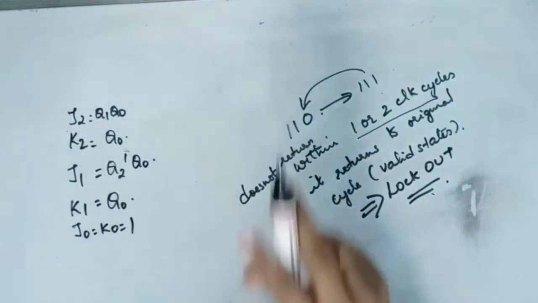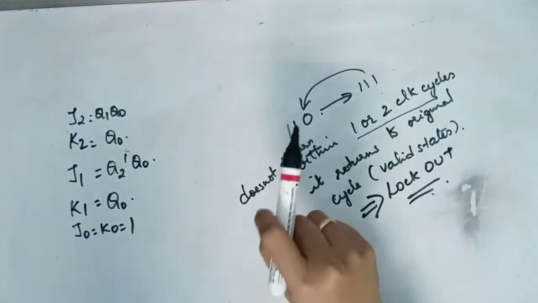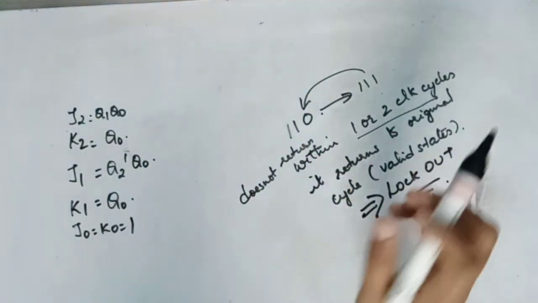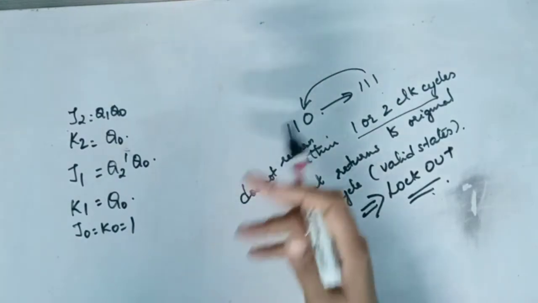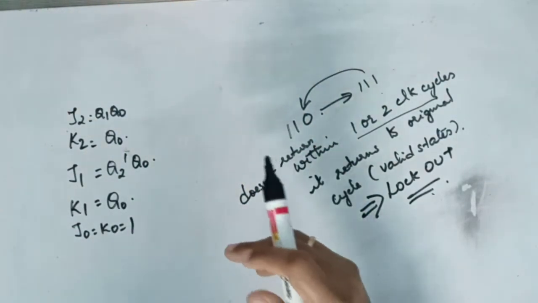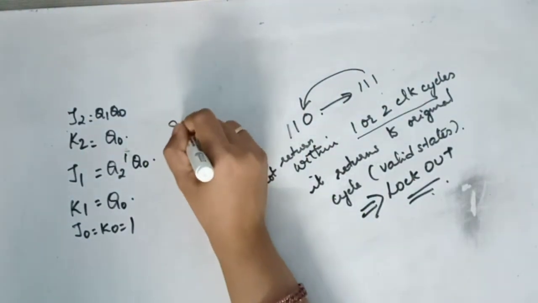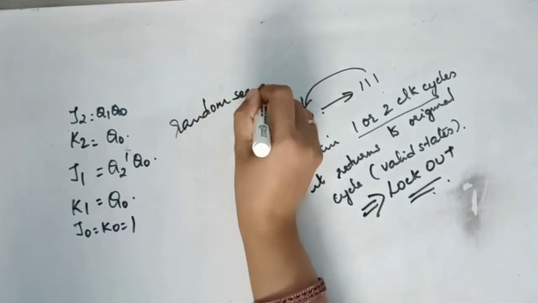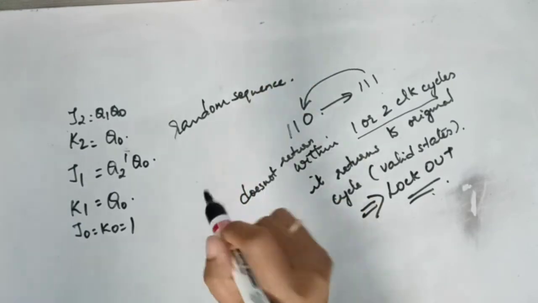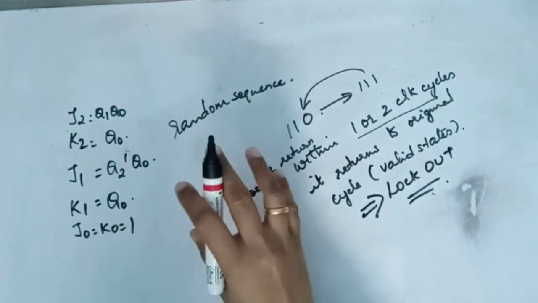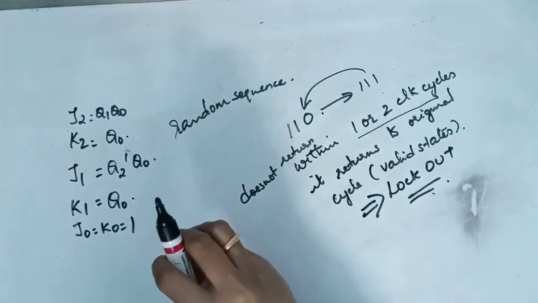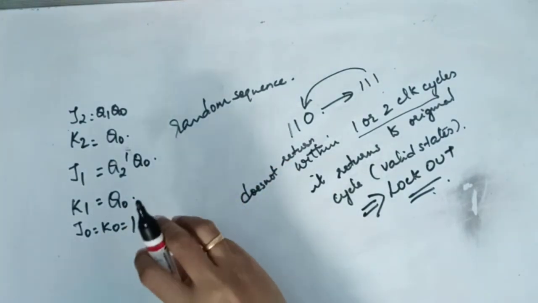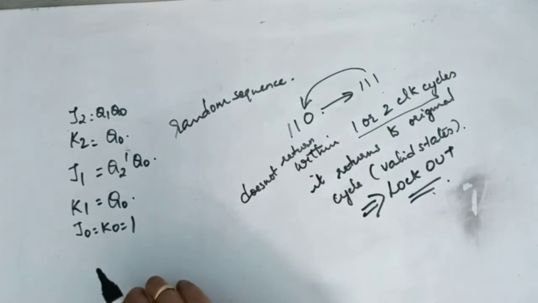So 2 types of questions will come. One is you'll be given such a question where it can be a mod-n counter, or it can be a random sequence generator. In both the cases, you won't be using all the 2 raised to n states if you are using n flip-flops.